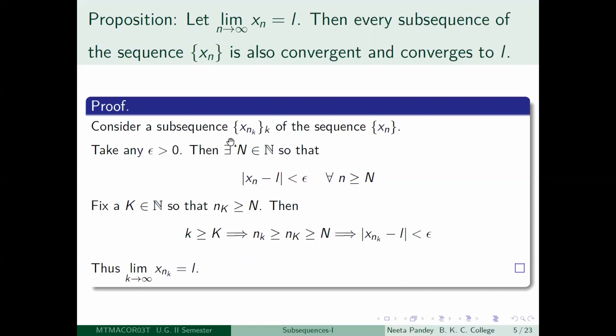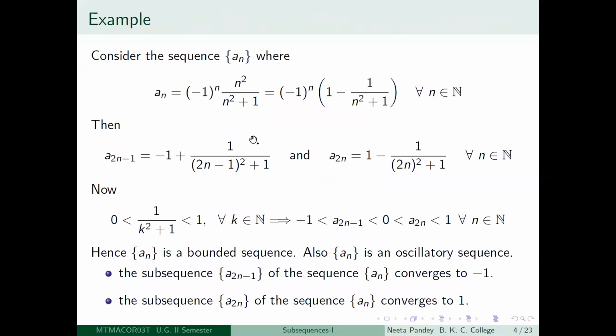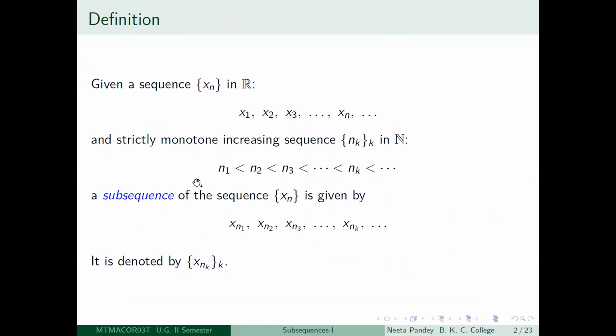So let us just be careful. This n_k sequence was a monotonically increasing sequence, and it was unbounded above because you were constructing a subsequence corresponding to that, right? Let us go back to the definition. See, you have this n_k strictly monotone increasing sequence which is unbounded above. Otherwise, how will you construct the subsequence?